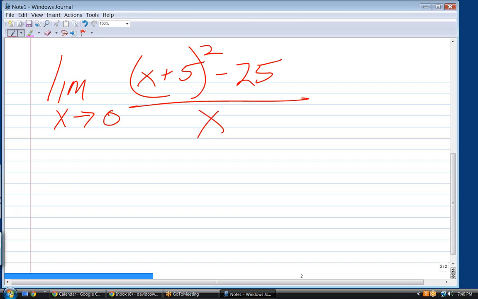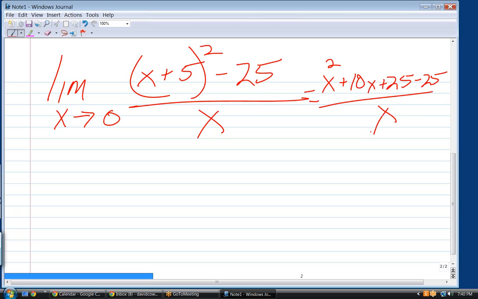Well, let's see if we can get rid of some stuff. Expand the top: x squared plus 10x plus 25 minus 25.